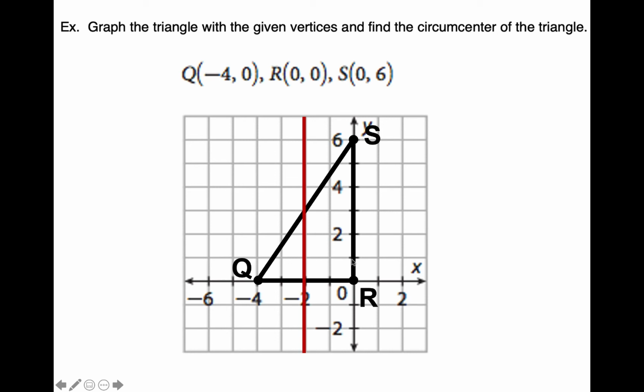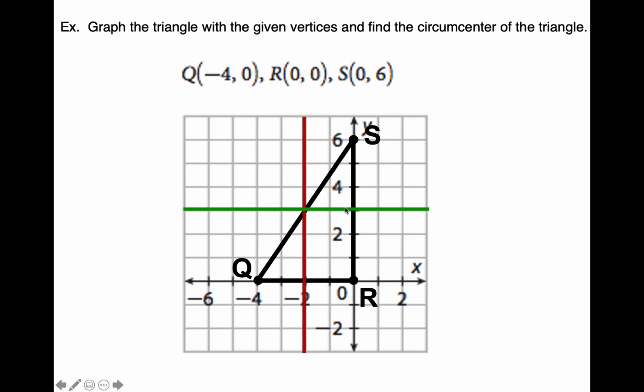Now I have to do the same thing with segment RS. So we have to go exactly down the middle of RS and create a right angle. So notice if you're going up 3, you'd go here, and then down 3, you're also going through here. So notice that's cutting RS in half, creating a right angle.